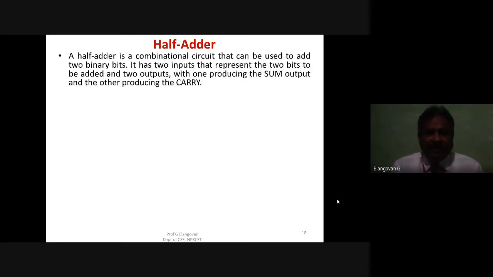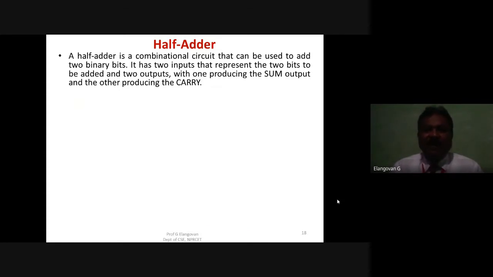it is basically a combinational circuit which is capable of adding two bits, and it will generate two outputs. The two inputs are one from the augend and the other from the addend, and there are two outputs, one is sum, another one is carry.